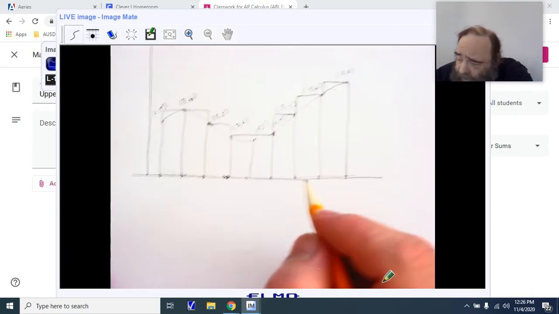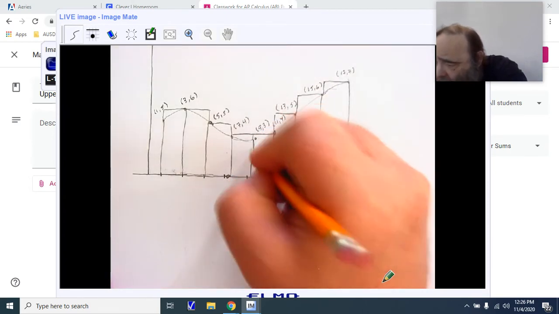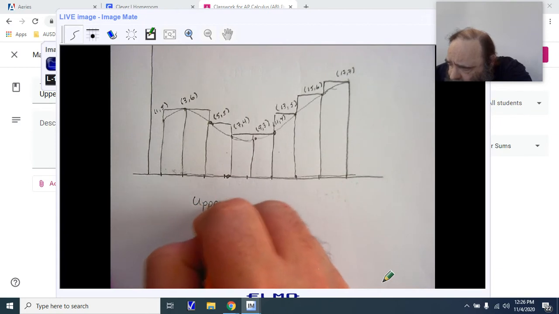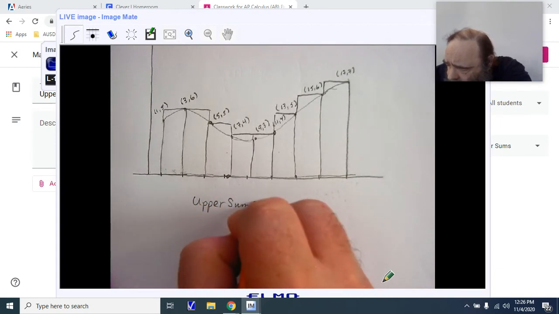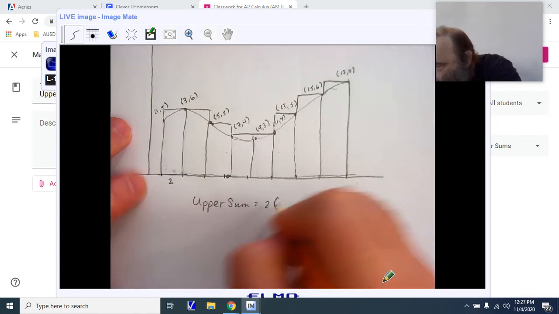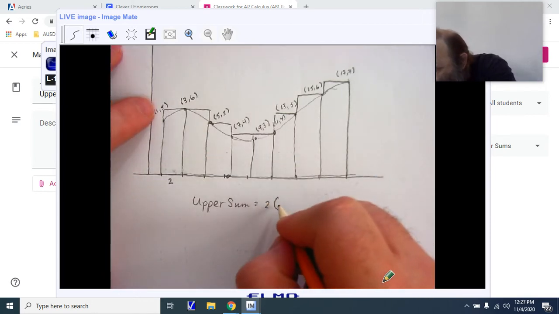Now, our goal is to try to find out what this area is as an upper sum. So our upper sum is going to be the product of our length of 2 times each of these heights.